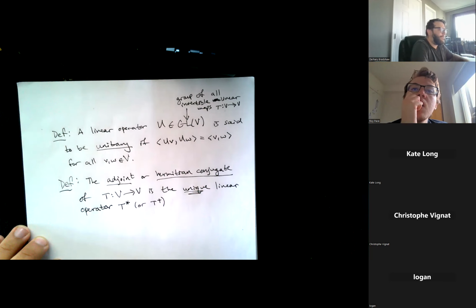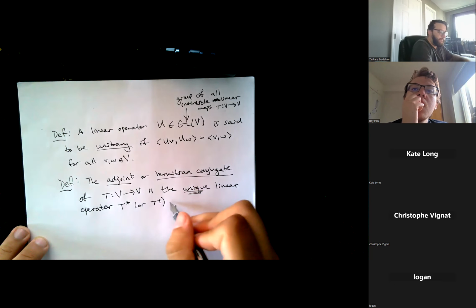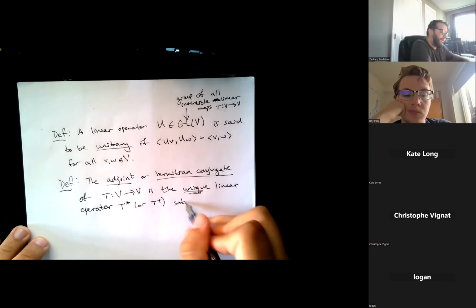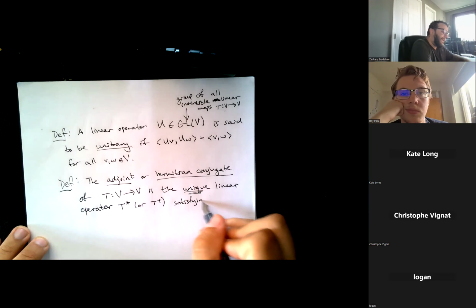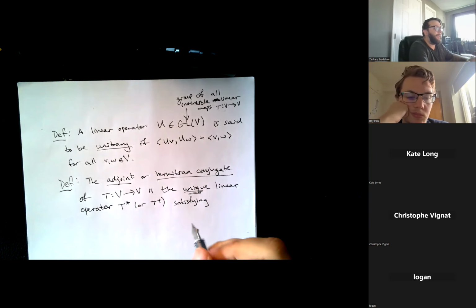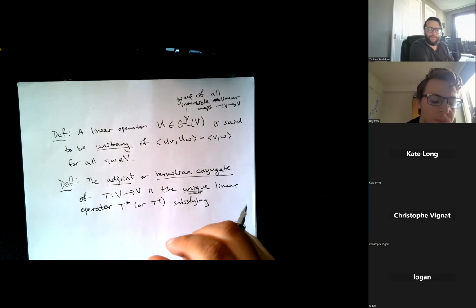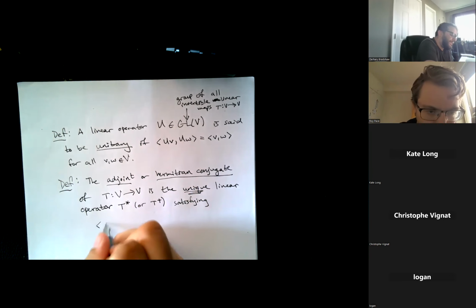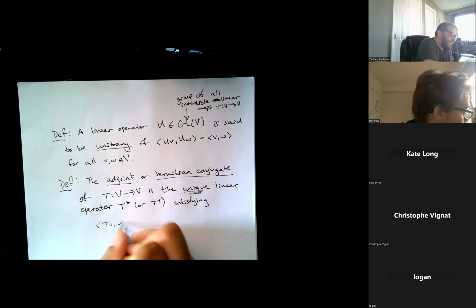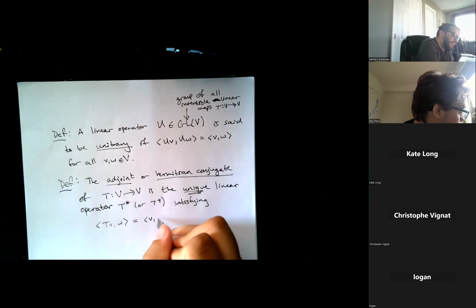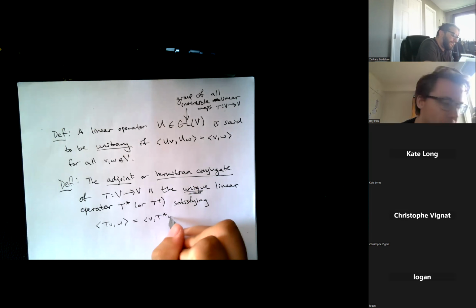I'm not sure which one I'll use. I'll probably use them interchangeably. The reason is I'm used to using T dagger, but Steinberg uses T star. So I reserve the right to use both. Okay, so satisfying the inner product of TV with W is equal to the inner product of V with T star W.